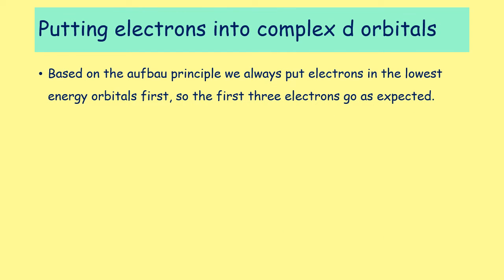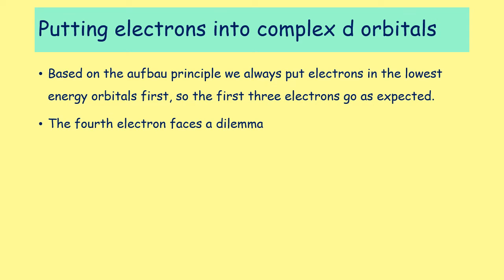Now, where this comes into effect and where it creates issues is putting electrons into complex d orbitals, so the d orbitals of a complex. Now we know the Aufbau principle says that we should always put electrons in the lowest energy orbitals first. And so when we put electrons in, the first 3 electrons go in as expected.